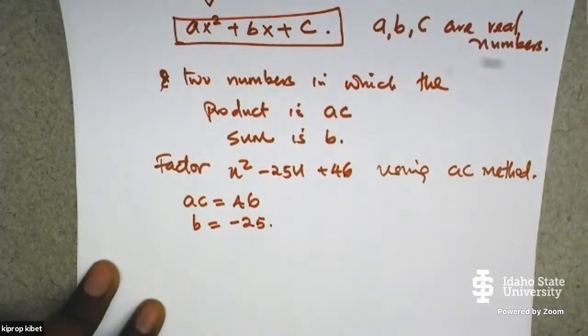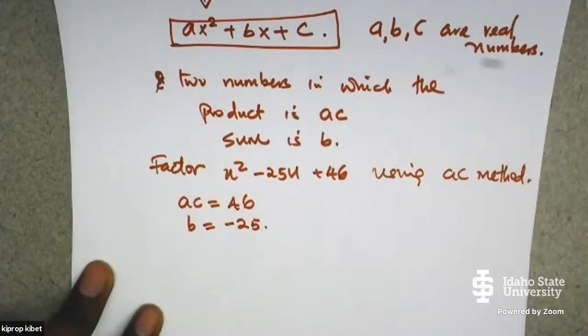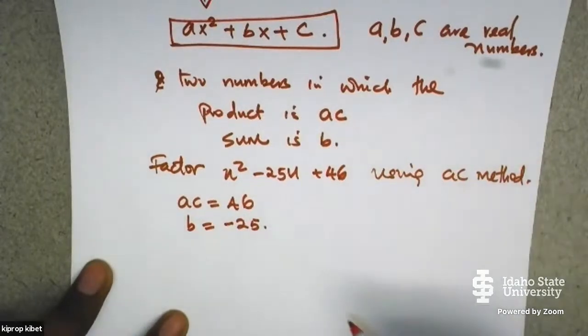So we need to get two numbers in which the product is AC and the sum is negative 25. So what are those two numbers?